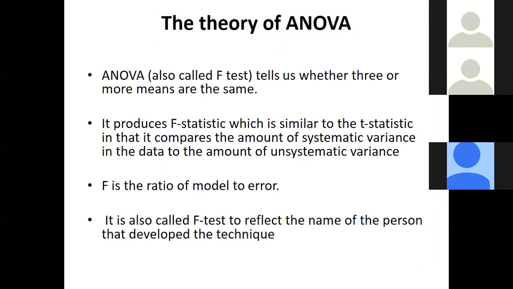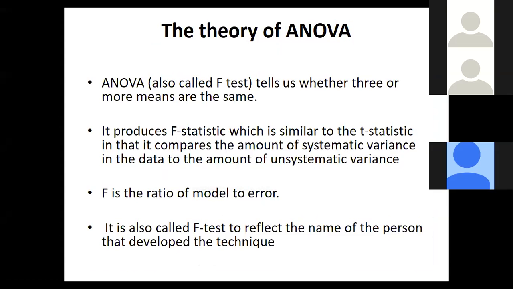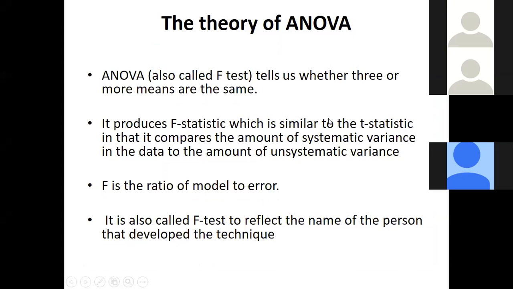But that's not the only F test. What it does is test whether these 3 means or 4 means or 5 means are the same or not, just like the t-test tests if 2 means are the same or not. But this one is 3 or 4 means: are they the same?